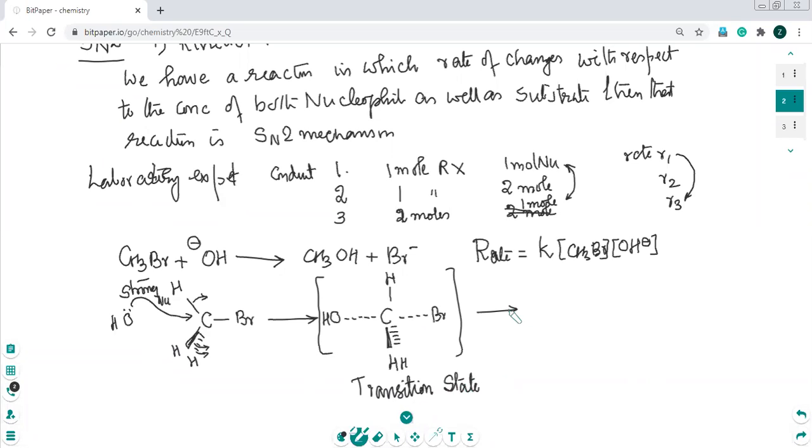Now what happens is this gets bent here, this goes completely off. This will get bent, this also will get bent. This arrow shows only the bending, and this bond is completely formed.